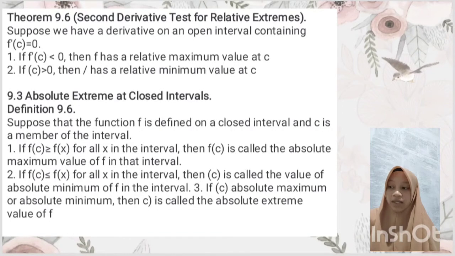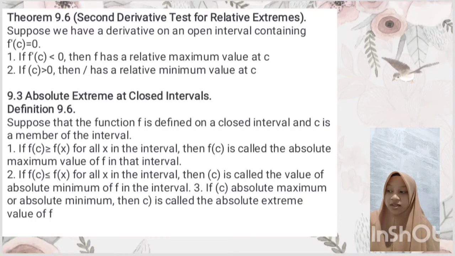Definition 9.6. Suppose that the function f is defined on a closed interval and c is a member of the interval. 1. If f(c) is more than or equal to f(x) for all x in the interval, then f(c) is called the absolute maximum value of f in that interval. 2.